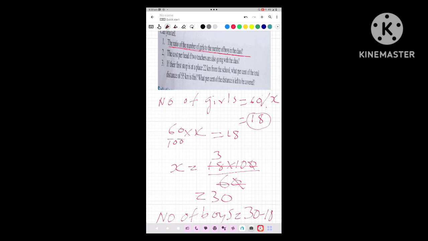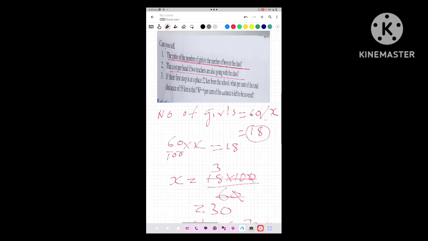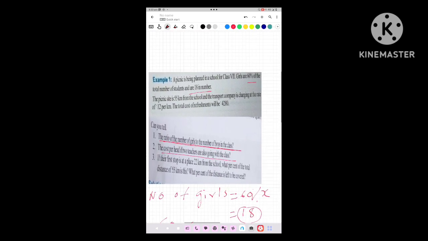The cost per head if 2 teachers are also with the class. So for that we should read the second part of the question. The picnic site is 55 km from the school and the transport company is charging at the rate of rupees 12 per kilometer. And the refreshment cost is also given, 4,280.